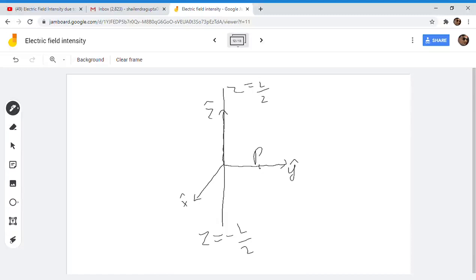So here also we need to add the electric field of all the differential charges at point P. So let us take a differential charge.